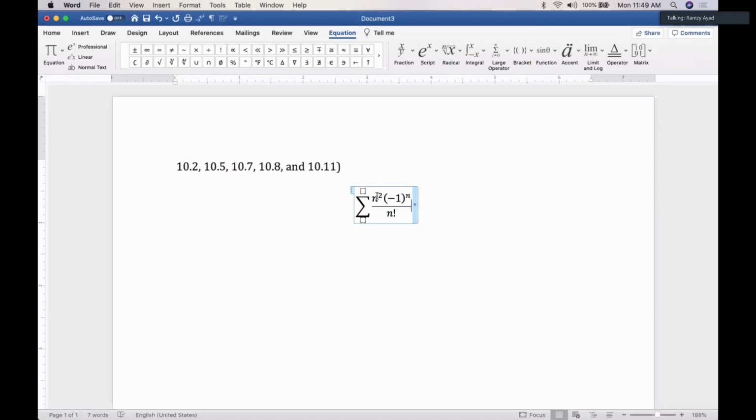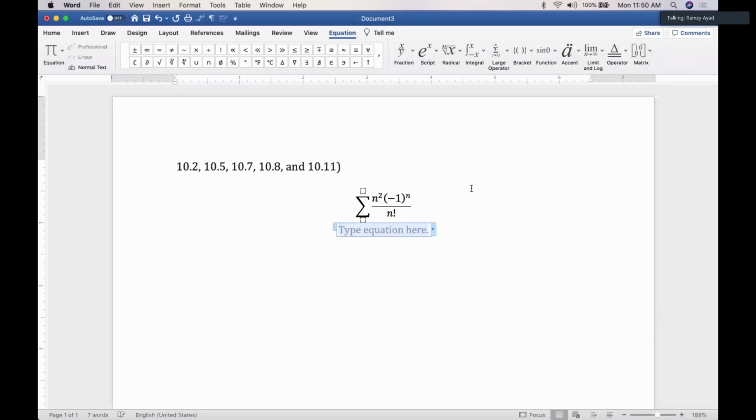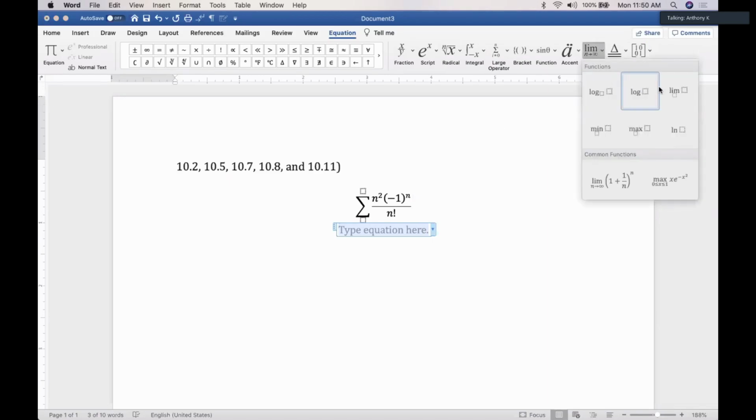We want to see if it's conditionally or absolutely convergent. So first of all, if you test this, what will you find? The limit. So let's get that limit. What would I write first? The limit as n approaches infinity equals 0. Raise your voice, please. The limit as n approaches infinity equals 0.